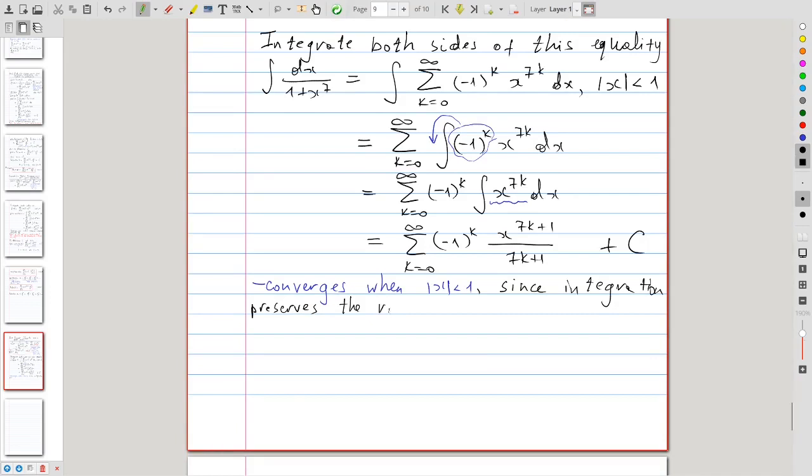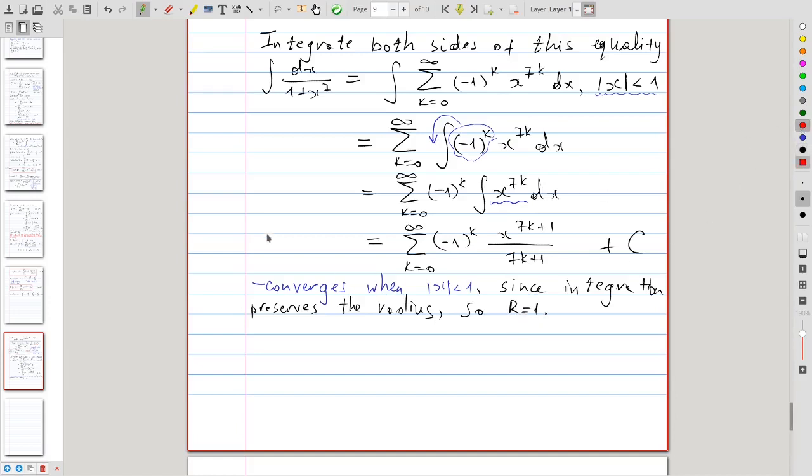Starting with a series that has radius of convergence 1, right here, this is saying we have a power series centered at 0, obviously, and convergent in an interval with radius of convergence 1. And so integration preserves that radius of convergence, and so r is equal to 1 here as well.